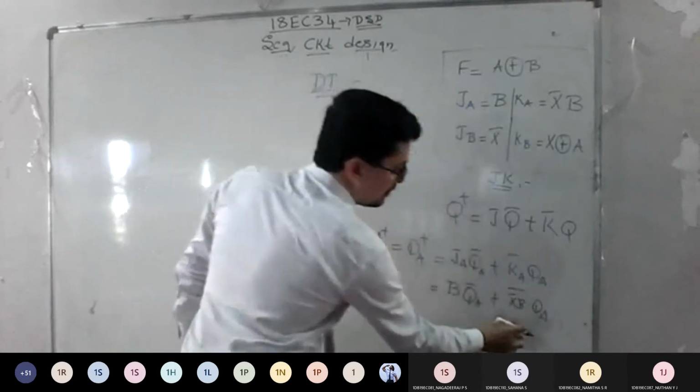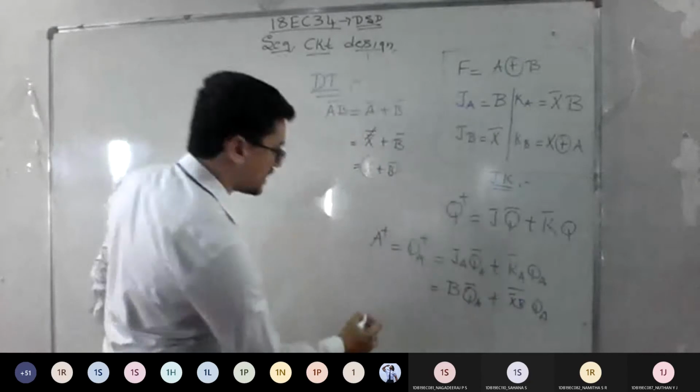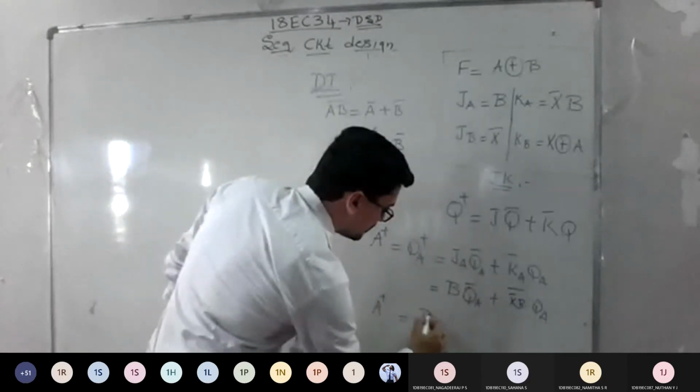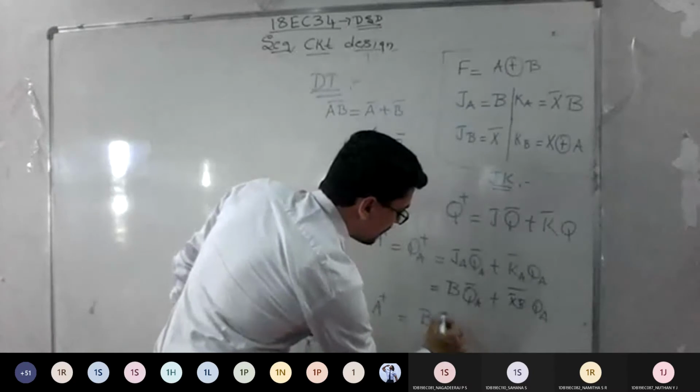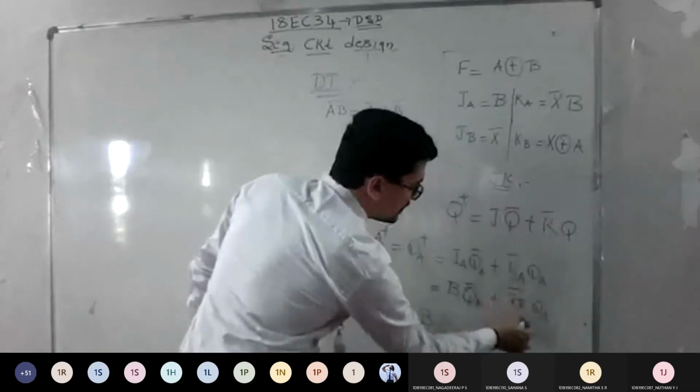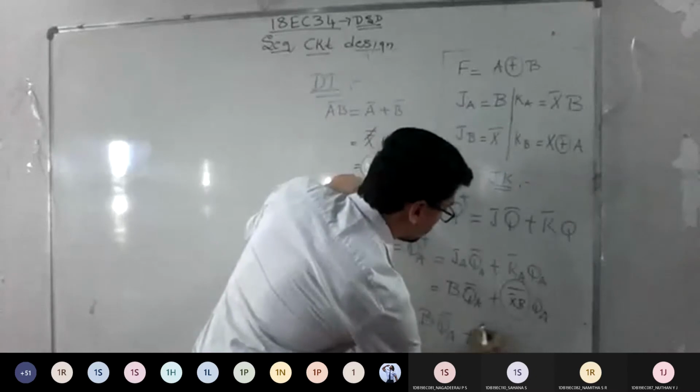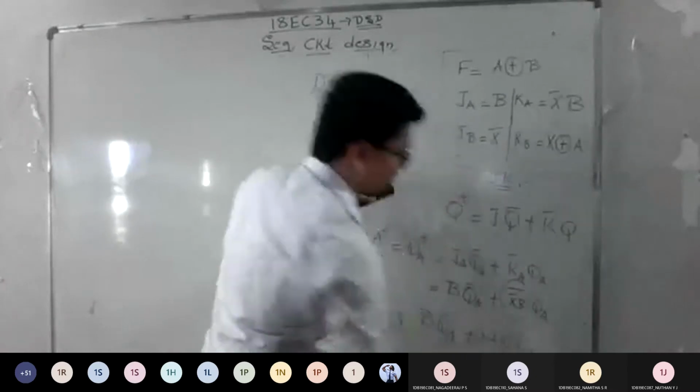You can substitute this value in this place. So from this I can write A plus, or Q_A plus, is equal to this complete term replaced with (X plus B bar) into Q_A.